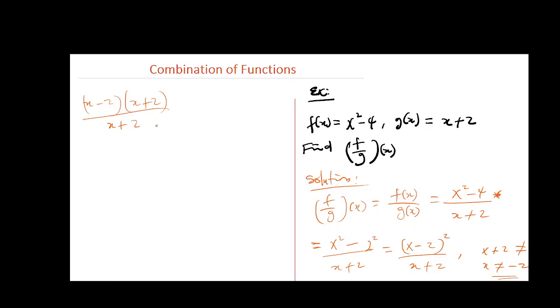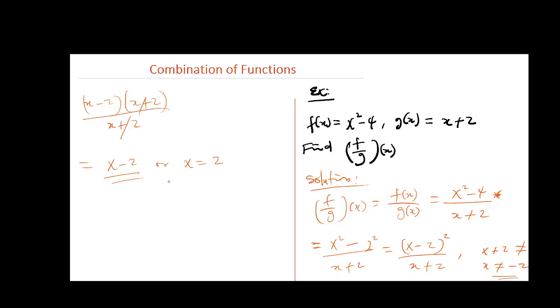Okay, we'll see here that this can cancel out, so this will give us the final answer, x minus 2. That is our final answer, with the restriction that x cannot equal minus 2.